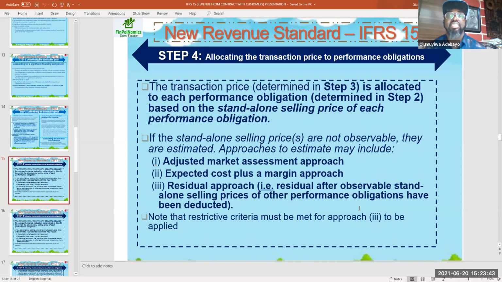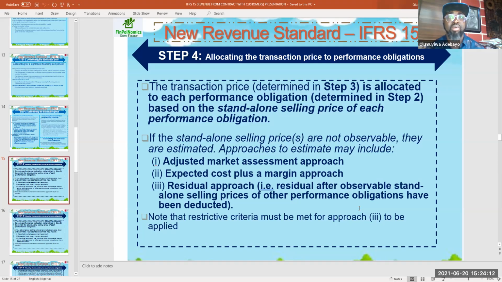Why? It's because we might not have a standalone price that will have been appropriate for us to allocate transaction price to performance obligations. And this might be as a result of different things, which we are going to come across. Majorly, some are attributed to the fact that if you have looked at the standalone prices, discount may not have applied.